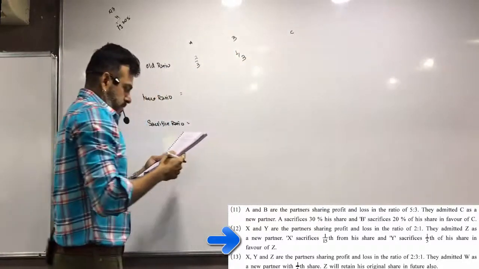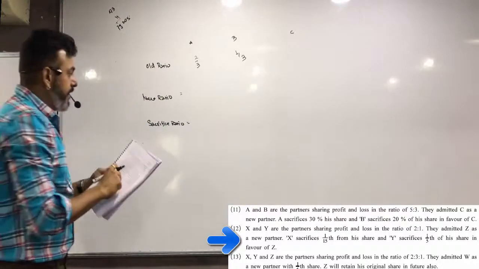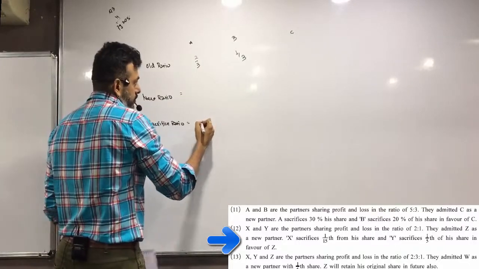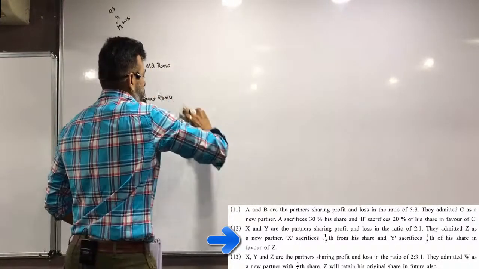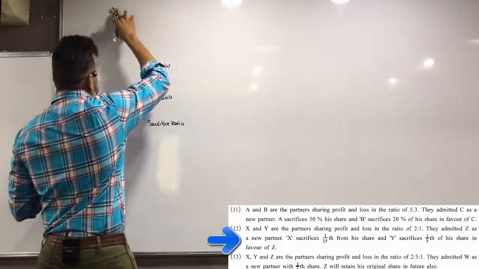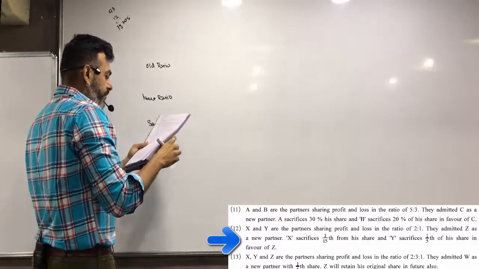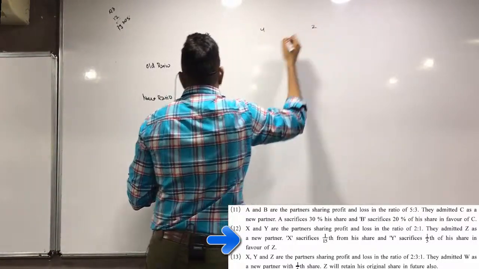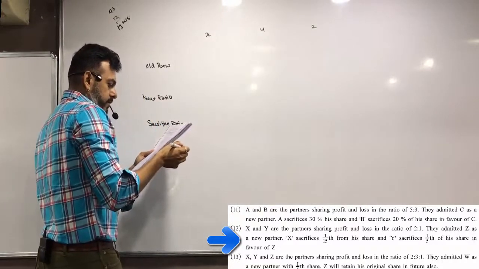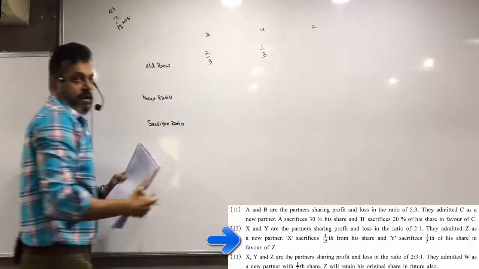Now, X sacrificed 1/15 from his share. Question 12, it is X, Y and Z. X is 2 by 3, Y is 1 by 3.